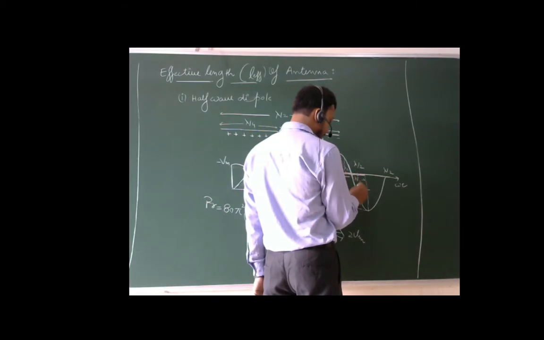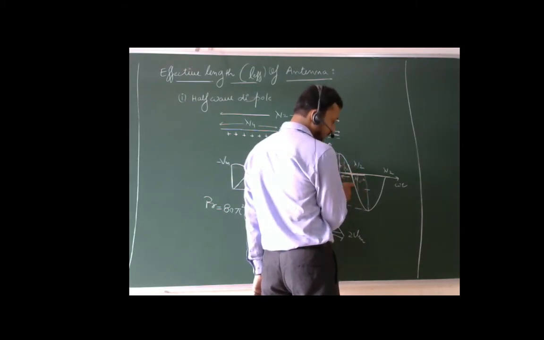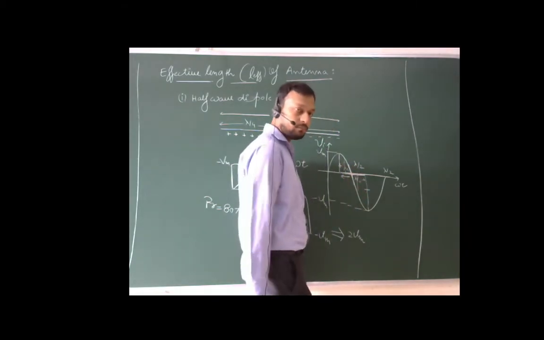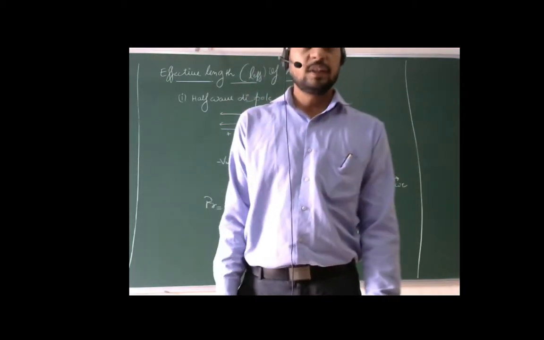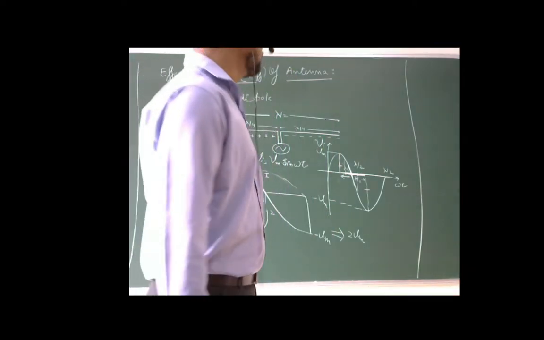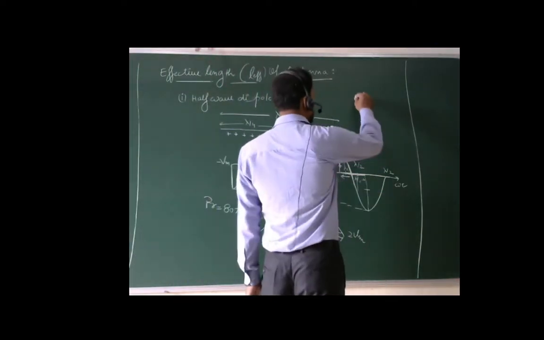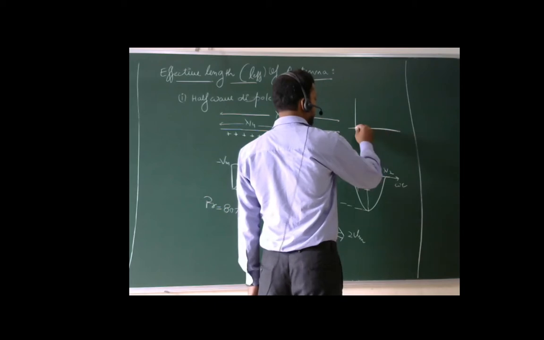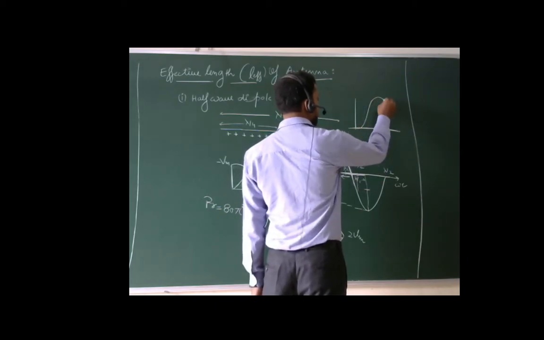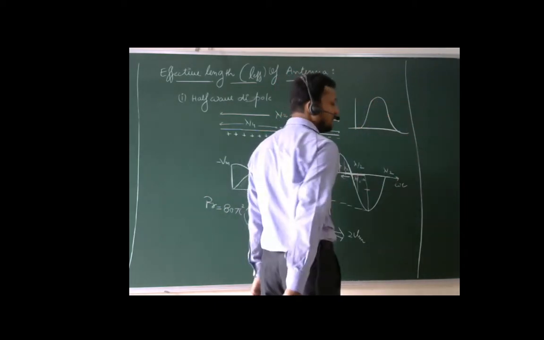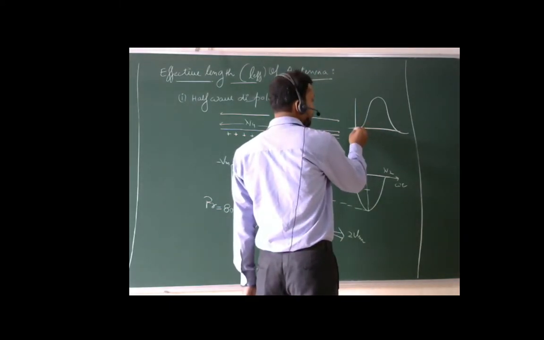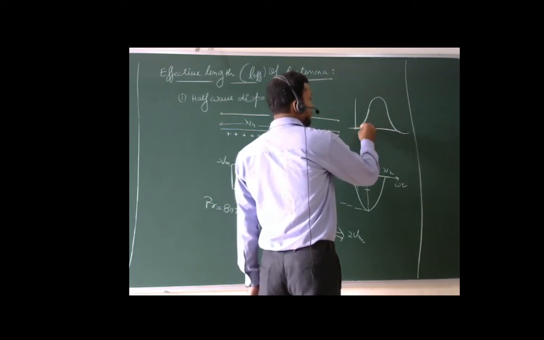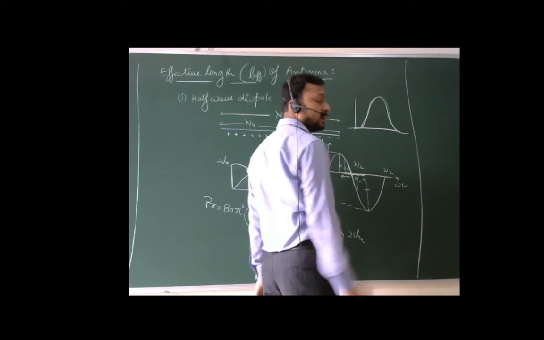So for lambda by 4, this region is almost linear, and for shorter lengths it becomes uniform. The shorter region is almost uniform, and this is linear, and if we take a larger region, it is harmonic in nature.